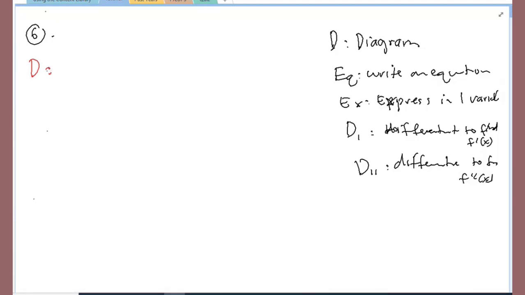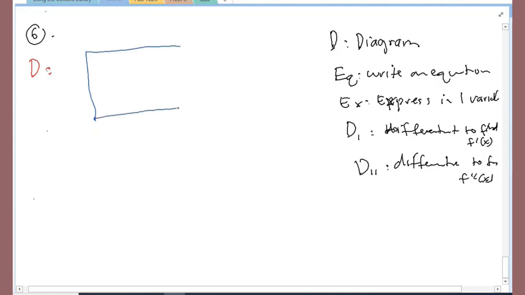So for number 6, D is draw a diagram. The question says the garden is rectangular, so just draw a rectangle, protected by the chicken wire fence. What is the largest possible area?